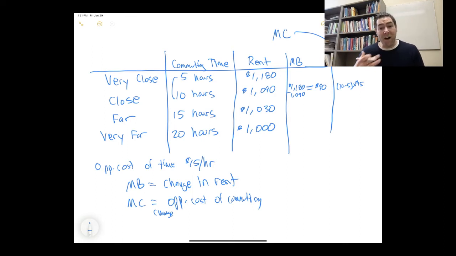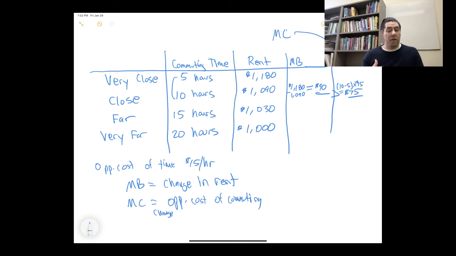So that's 5 times 15, or $75 in marginal cost. By moving from very close to close, my benefit goes up by $90 in reduced rent. My cost goes up by $75, but the benefit exceeds the cost. So I should move from very close to close because the marginal benefit is greater than the marginal cost.